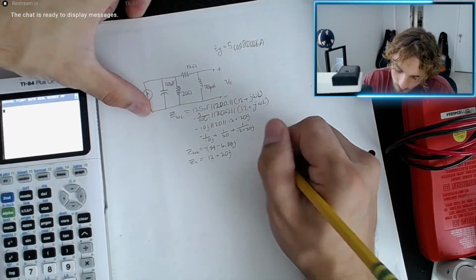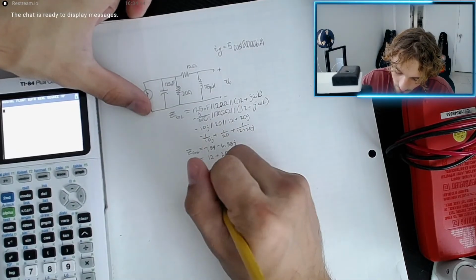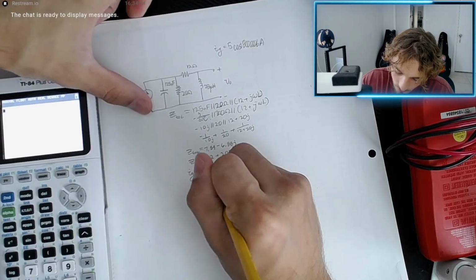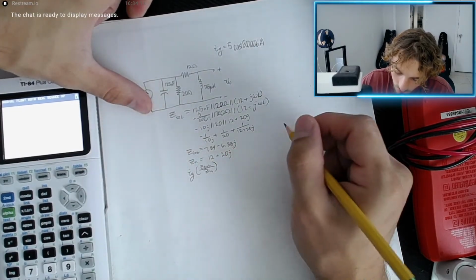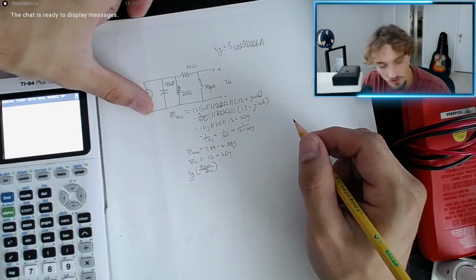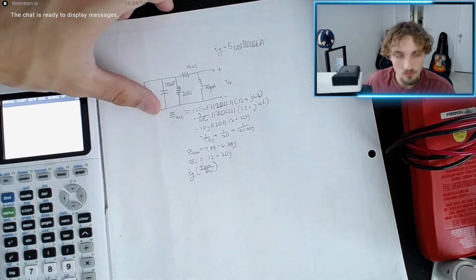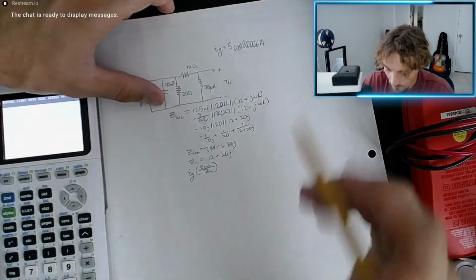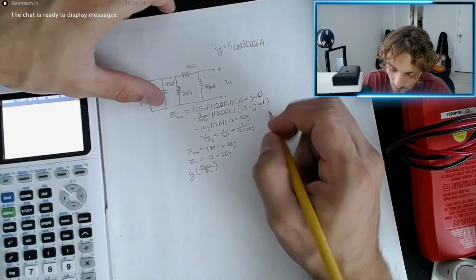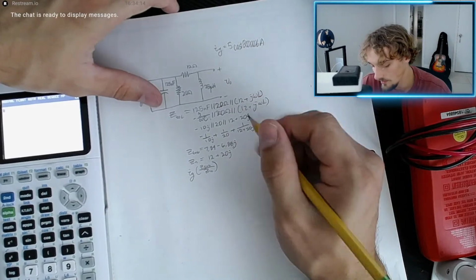And now the current divider equation is Ig multiplied by Z total divided by Zn. In order to do division, I'm pretty sure we have to put it in polar form. So let's go to polar form. It's similar to vector arithmetic.